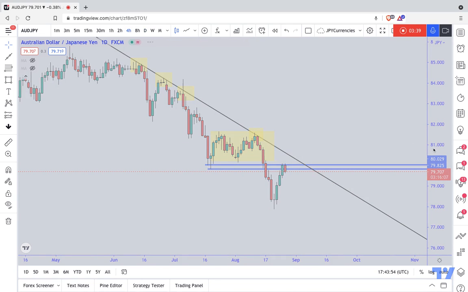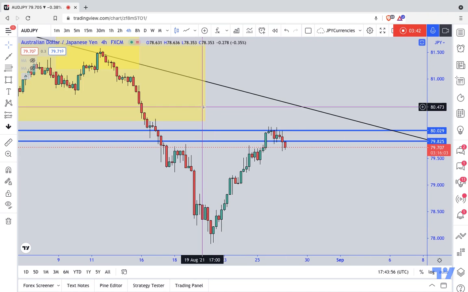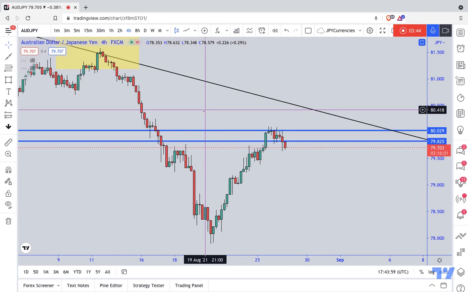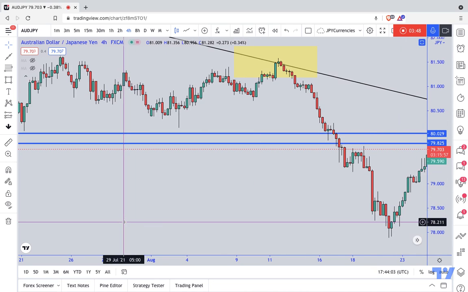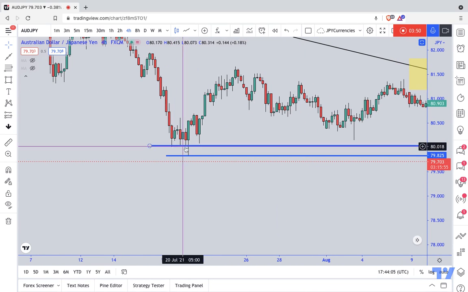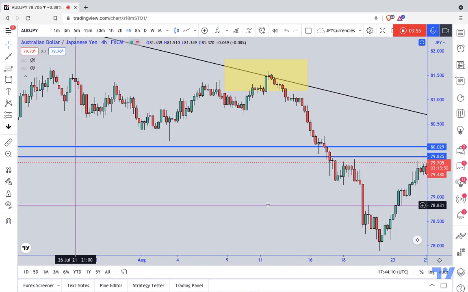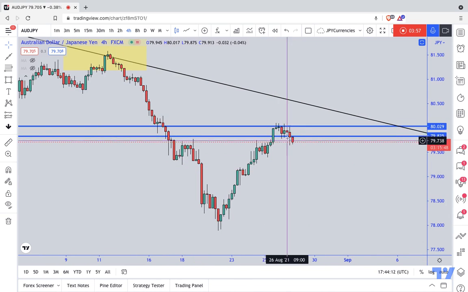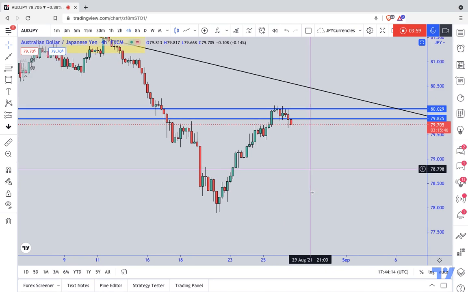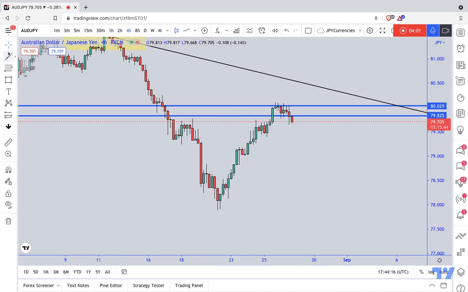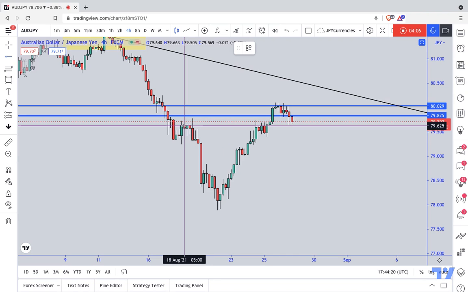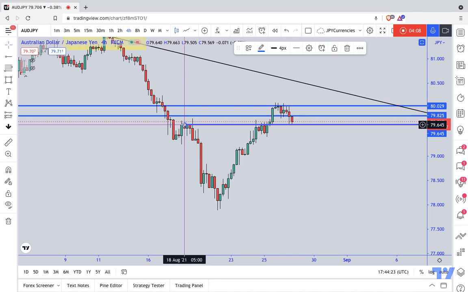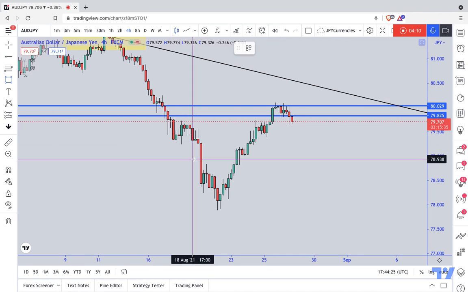Okay, let's go to the 4-hourly chart. Let's remove this. You can see that this zone, I took it off some of this week and the lowest week here, and now we got a perfect rejection there, and now price is having a sort of minor support from this area here.